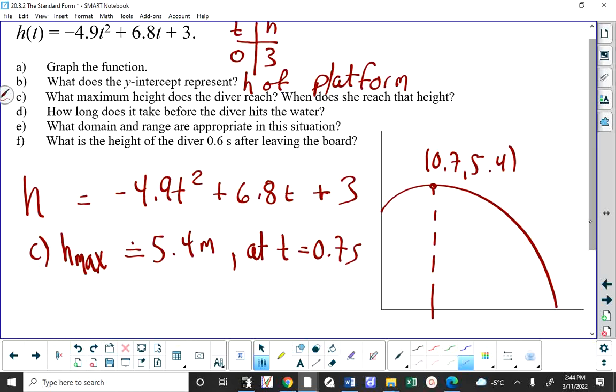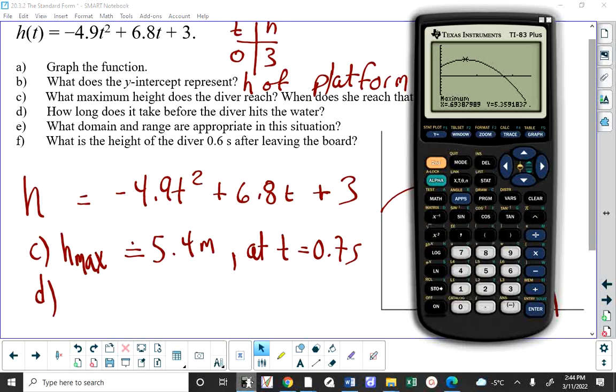How long does it take before she hits the water? Well, we have to find this x-intercept, which means we have to go to our calculate menu and choose 0. Put our cursor to the left of that x-intercept.